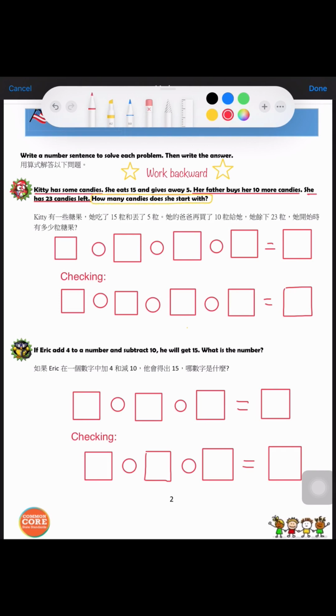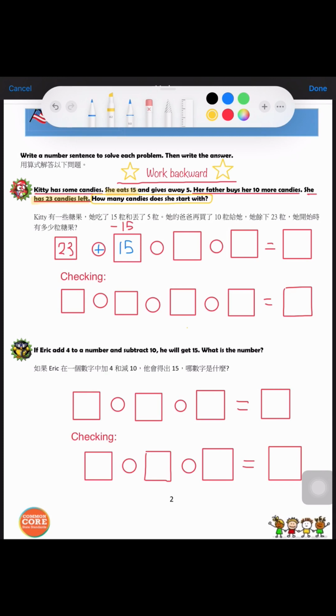To remember these kinds of questions, we can use a strategy called work backwards. So now she has 23 candies left. So we start with 23, and then she eats 15, so it should be minus 15. But if we work backwards, then it will be plus 15.